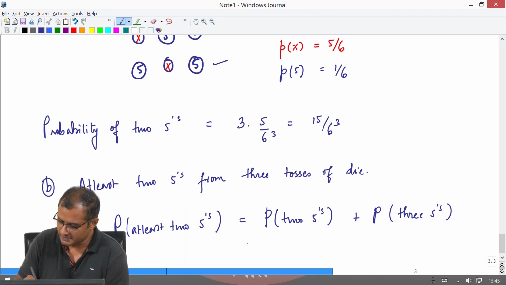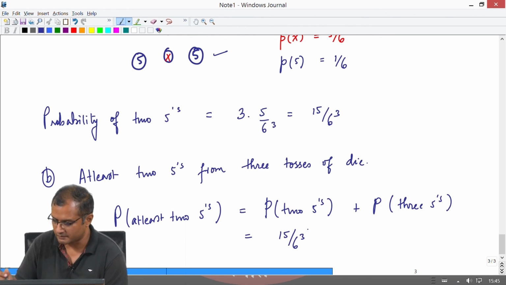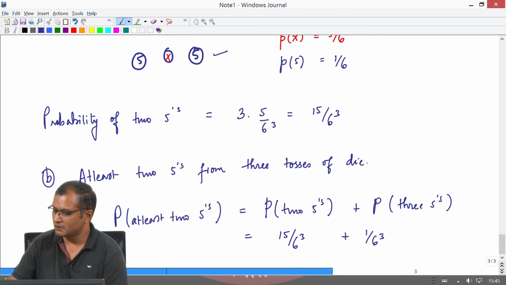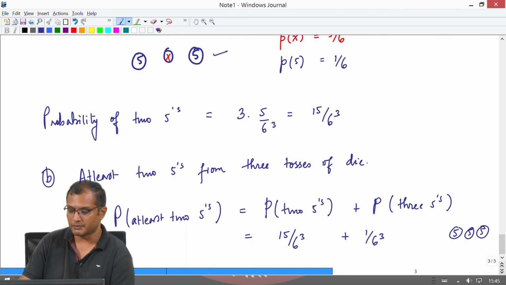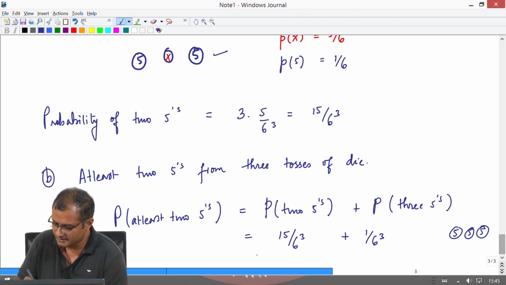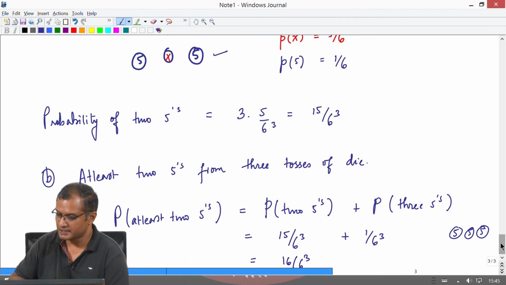The first is already calculated, 15 by 6 cube from the previous task, and the probability of getting 3 5s is just 1 by 6 cube, because there is only one way in which you can get 3 5s. You can get 5 and a 5 and a 5, and that is it. Just one combination of 3 5s out of the 6 to the power 3 ways. So, the answer here is nothing but 16 by 6 to the power 3. Okay. So, this is one way to solve it.